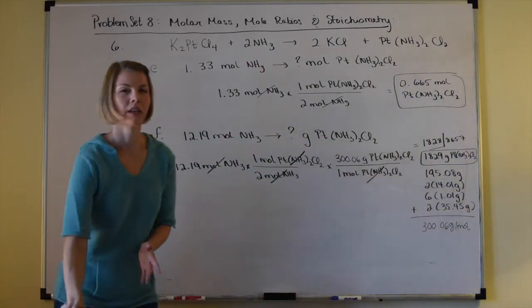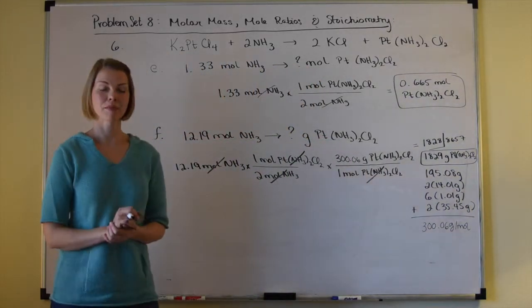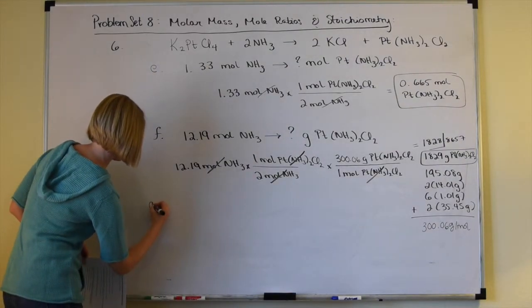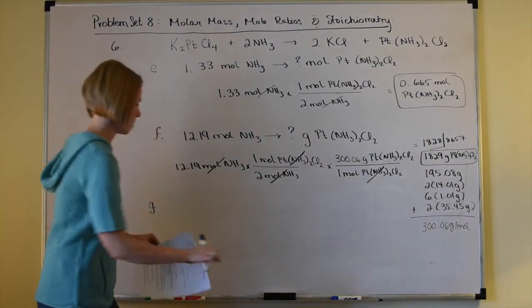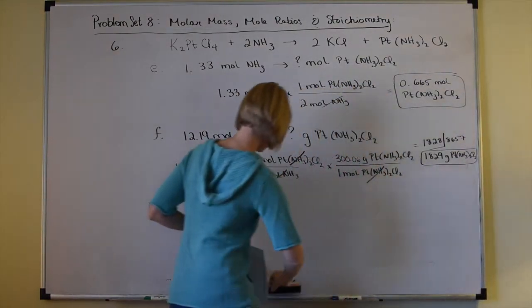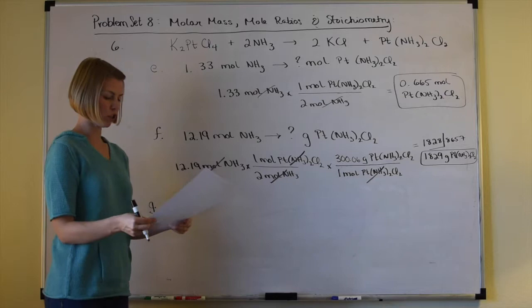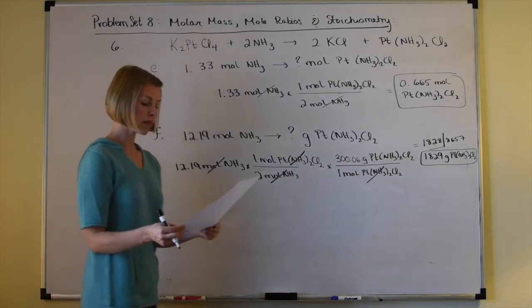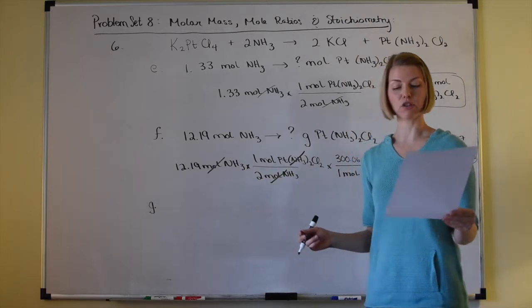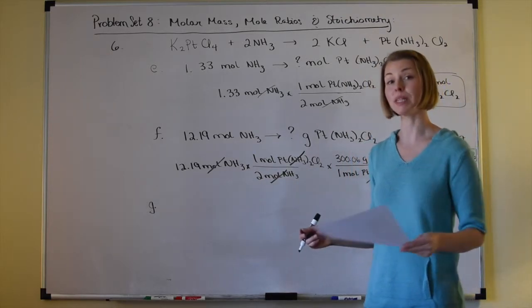Okay? All right. Last but not least, G. And I'm going to erase the molar mass calculation here so we have a good amount of room to do our final problem. How many grams of cisplatin can form from 25.00 grams of potassium tetrachloroplatinate?